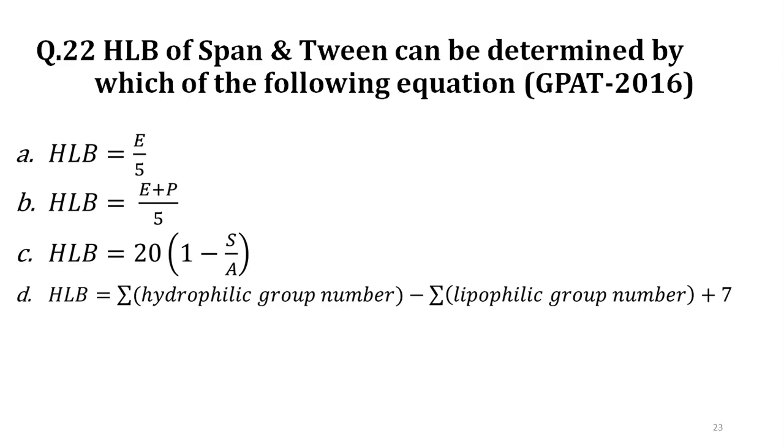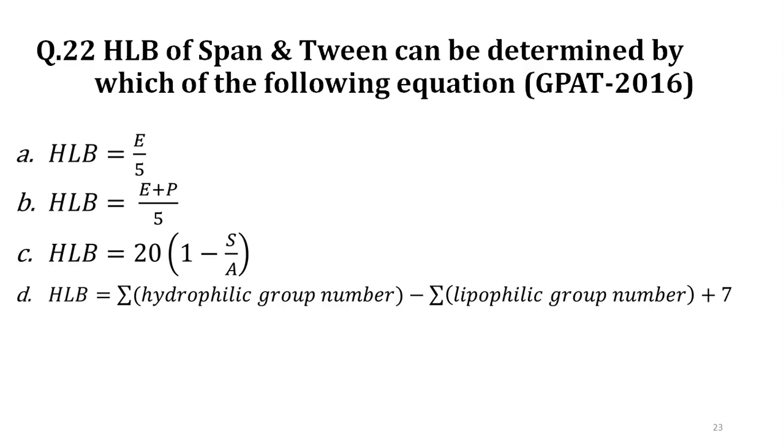So as per the equation, you have to remember that option A is E upon 5, where E is the percentage of the oxyethylene chain. Option B is E plus P divided by 5. E we already discussed; P is the percentage of the polyhydric alcohol. Then in option C, S is the saponification number and A is the acid number.